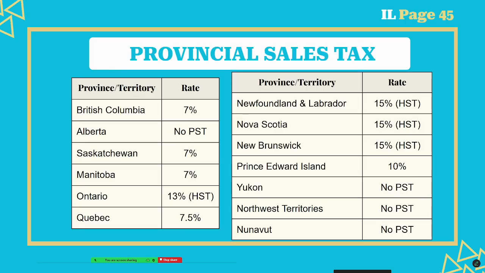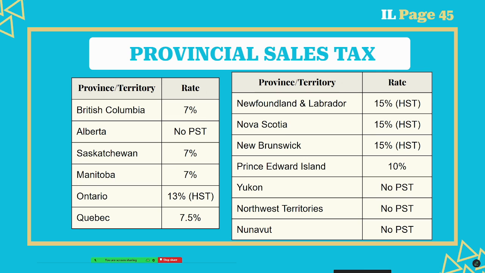On page 45 of your IL booklet, you will see the chart that breaks down each province and territory's provincial sales tax. We talked yesterday that British Columbia, Saskatchewan, and Manitoba have 7%.